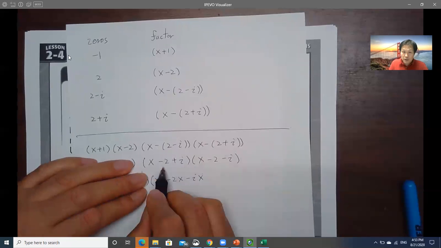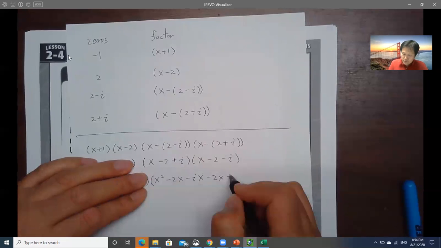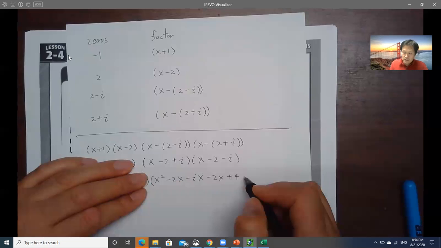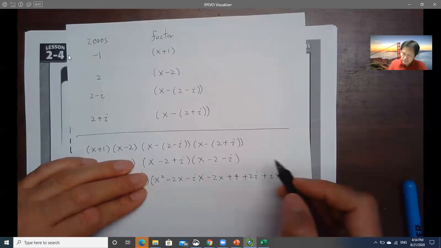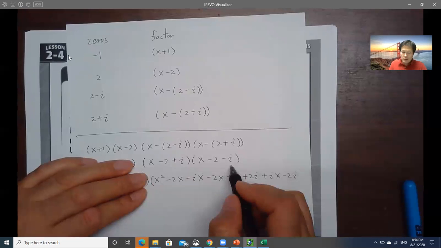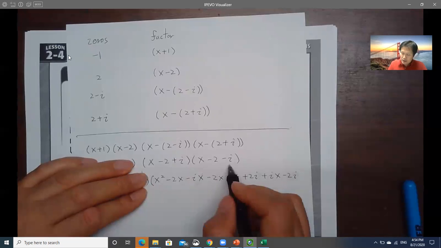Then distribute minus 2: minus 2 times x, minus 2 times minus 2, minus 2 times minus i. Then distribute i: i times x, i times minus 2, i times minus i. Be careful: i times minus i is minus i squared.